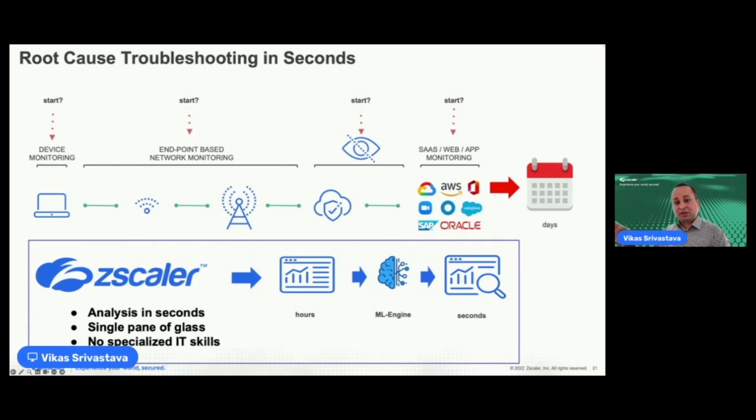The destination application, and we bring all of these metrics together, and we are also looking at the data points which we collect from millions of endpoints from our user base, and we advance that machine learning as it learns from that data.